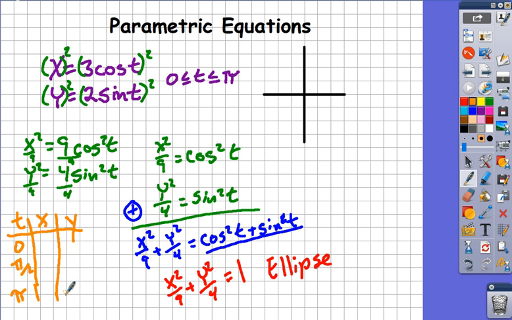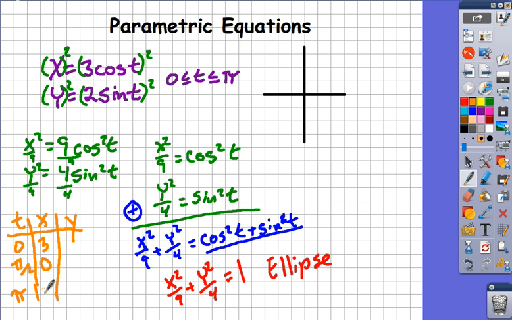If we plug those in for the x value, the cosine of 0 radians is 1. We don't need the squared one here, we just want to find x. So cosine of 0 is 1, and 1 times 3 is 3. The cosine of pi over 2 is 0, so 0 times 3 gives us 0.